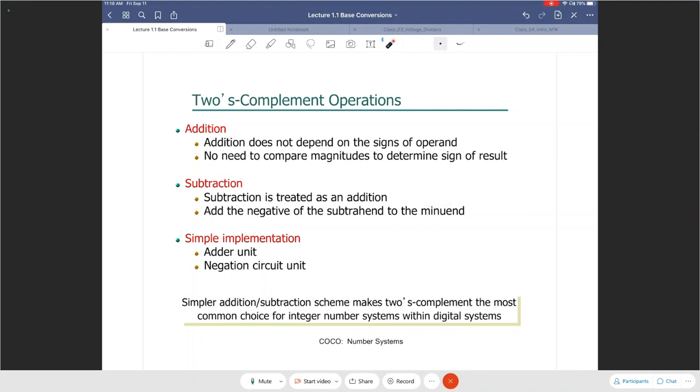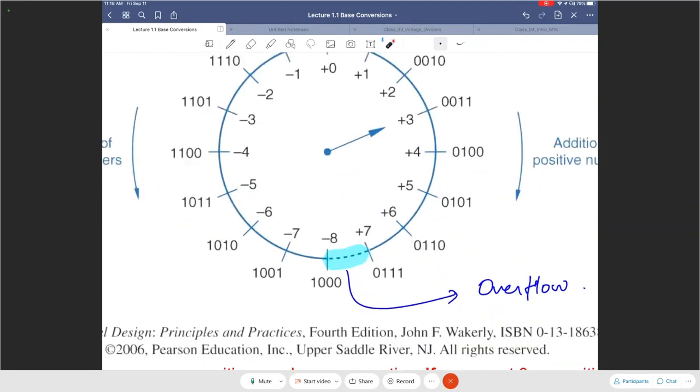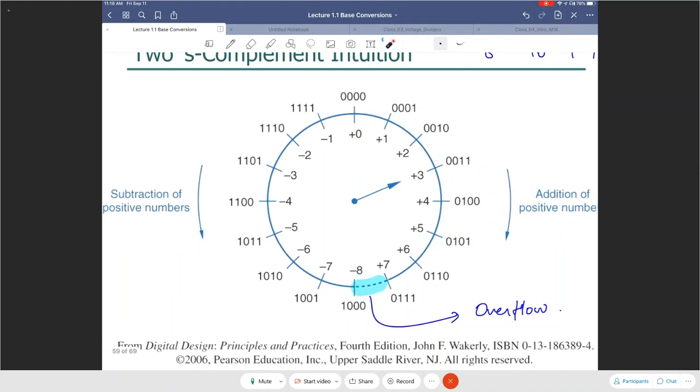Can you explain the 2's complement clock again? Well, it's not really a clock. I would just say this, right? So if you put all the numbers that are in the 2's complement representation using 4 bits on a circle, think of this guy as something that can move clockwise or anti-clockwise when you are adding numbers or subtracting positive numbers.